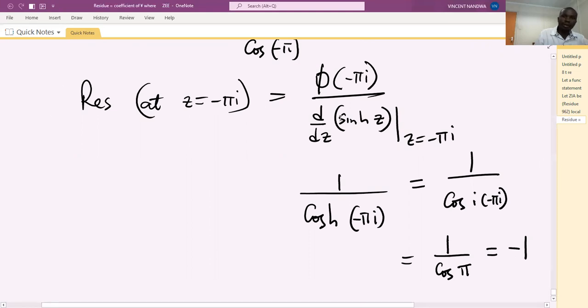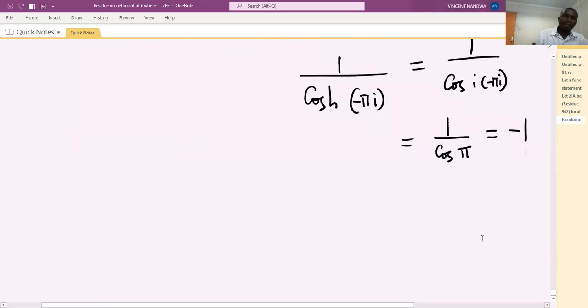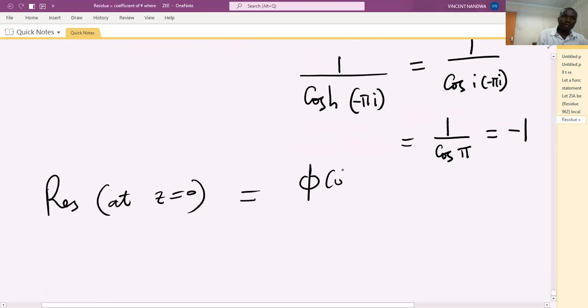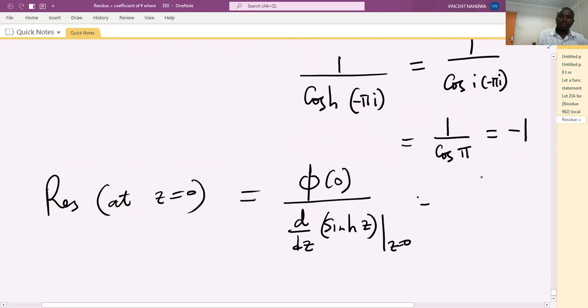Then the residue at z equals 0 will be the value of the numerator at 0 over d dz of hyperbolic sine of z at z equals 0, which will be phi at 0 over hyperbolic cosine at 0.